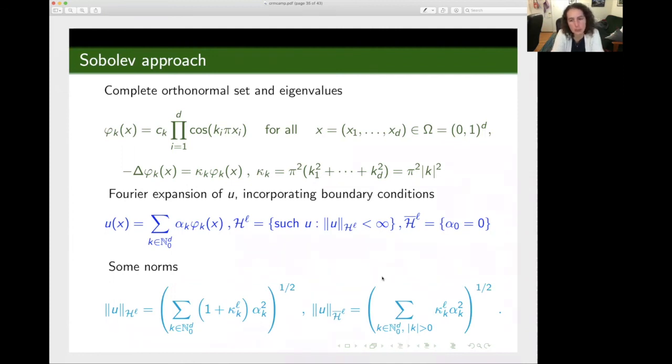So we're going to be looking at rectilinear domains, and so we can write down in closed form that the eigenfunctions for the Laplacian are products of cosines, and so I'm going to just define the psi k to be these things, and these c k are designed so this is a complete orthonormal set, and kappa k is given in this way, and this is going to be the eigenvalues of the minus Laplacian.